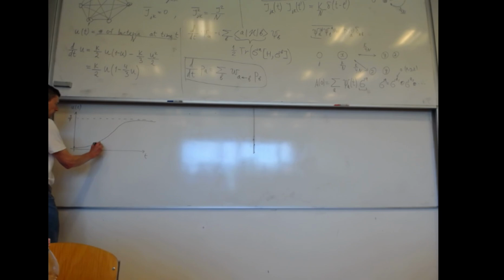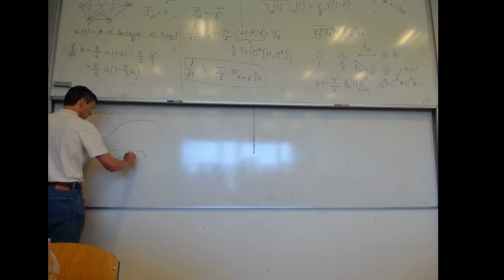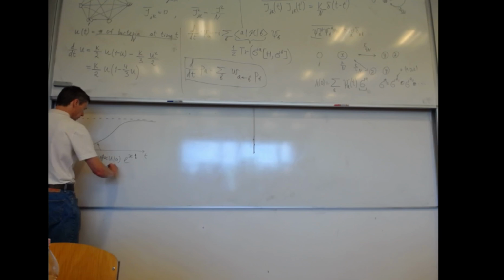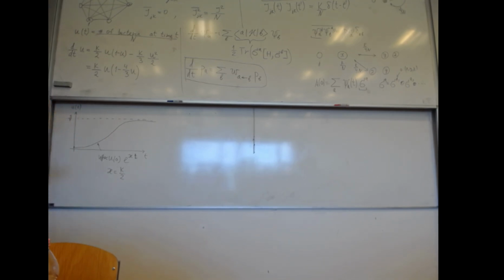And this initial growth is exponential with rate kappa, which in this case is k over 2.